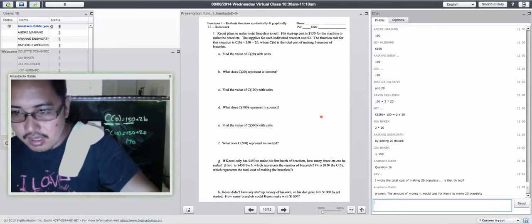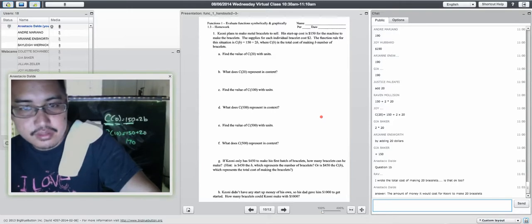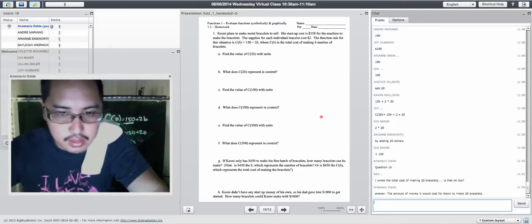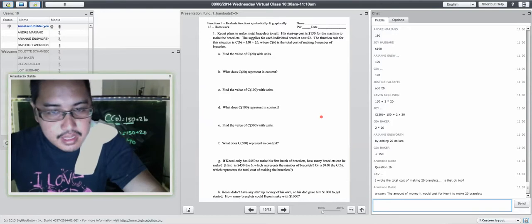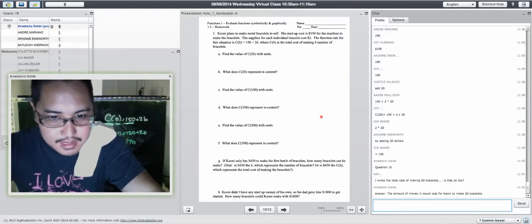I wrote the total cost of making 20 bracelets. Raven, your answer is correct. That's perfect. All right, so I guess from that you can answer parts A, B, C, D, E, and F because it's basically asking you the same thing.